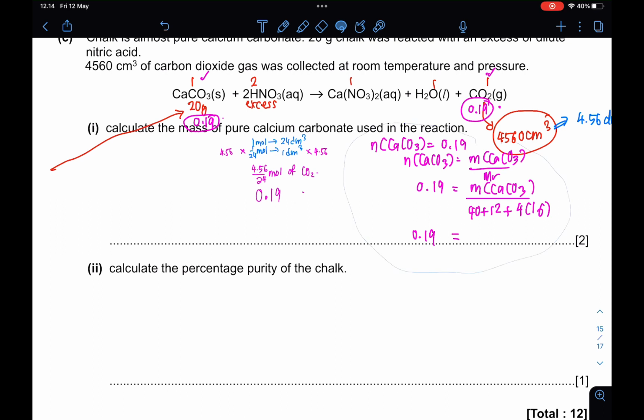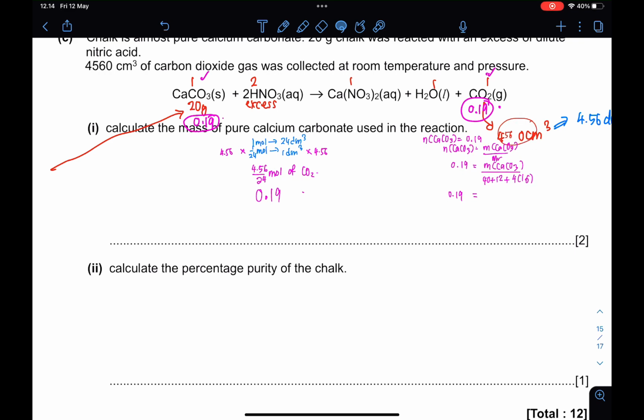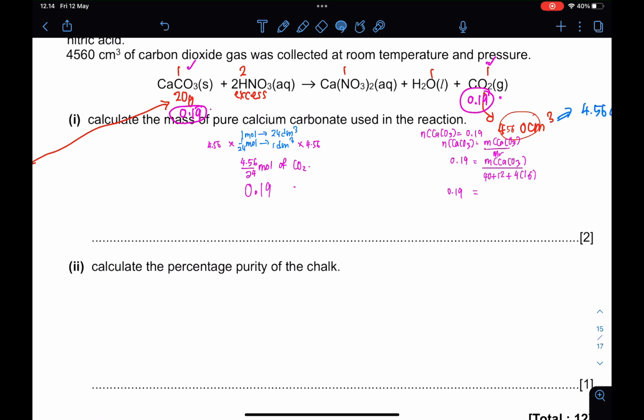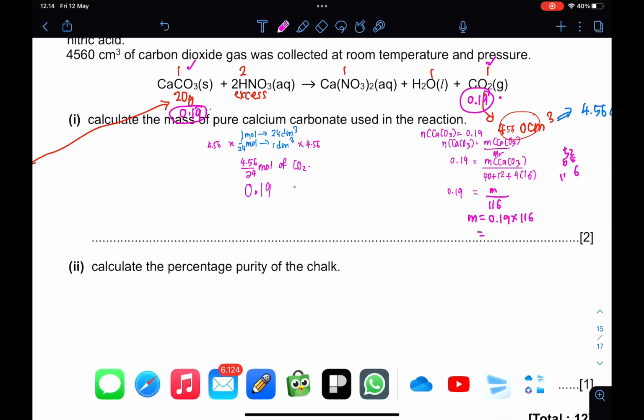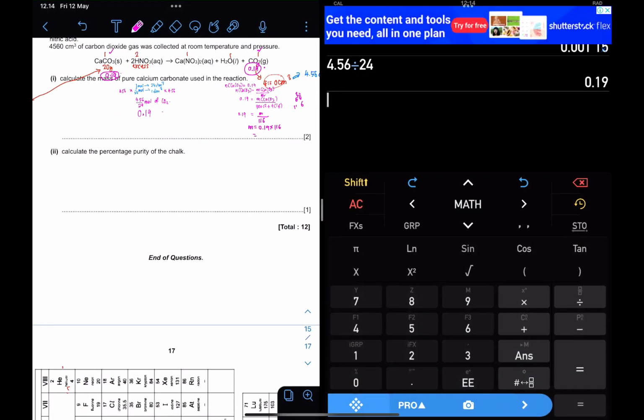So we want to find the mass here. Mass divided by 116, so mass is going to be 0.19 times 116.